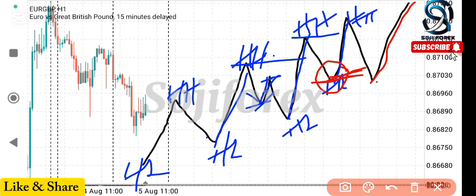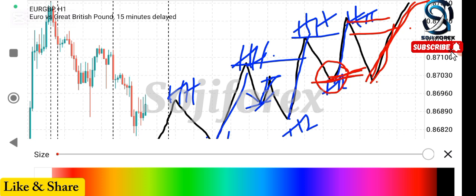We will mark our point of interest, which is our order block, no doubt. But we are still waiting for price to pull back. And when price pulled back into this zone, instead of mitigating the order block, it went ahead to create a new higher high. So in that scenario, this particular structural point becomes invalid.